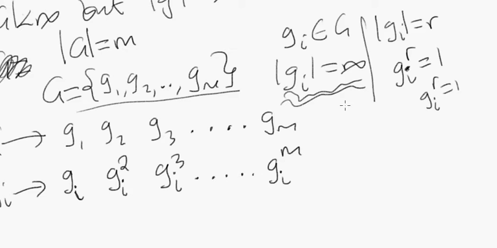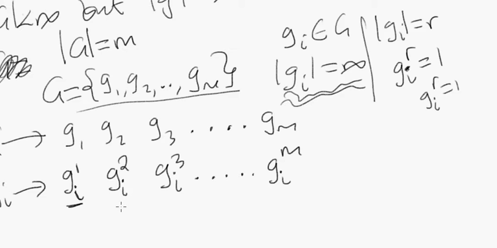For instance, g sub I raised to the 1, can that give us 1? Well, suppose g sub I raised to the 1 gave us 1. Wouldn't that mean that the order of g sub I is 1? And if the order of g sub I is 1, how can its order be infinity?